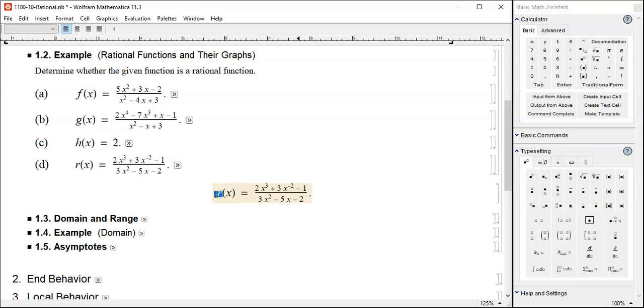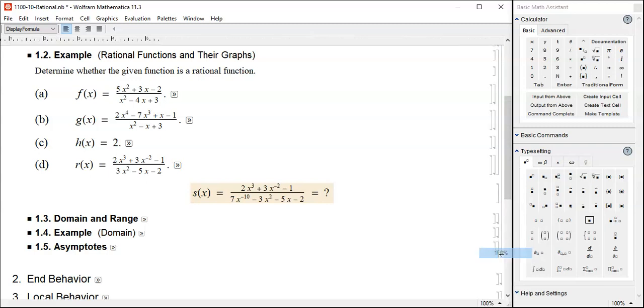For example, let's define a similar function like this and then add one more: 7x to the negative 10th power, for example. Okay, all right, as good as any. And is this a rational function? The answer is yes.